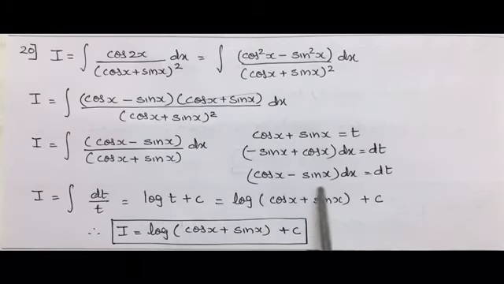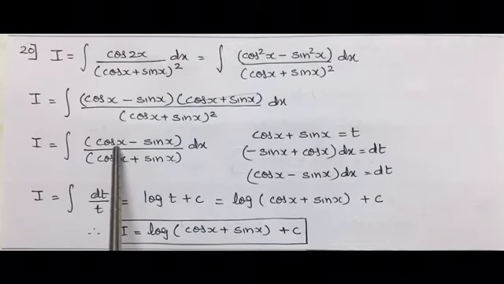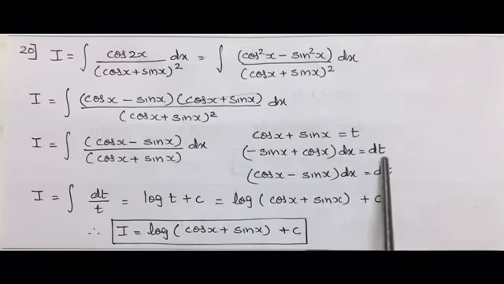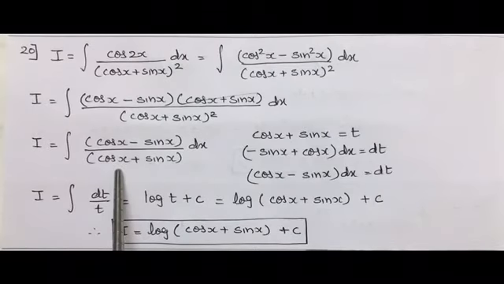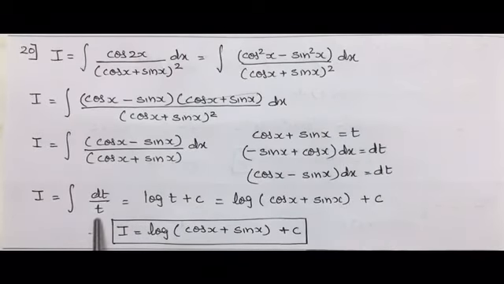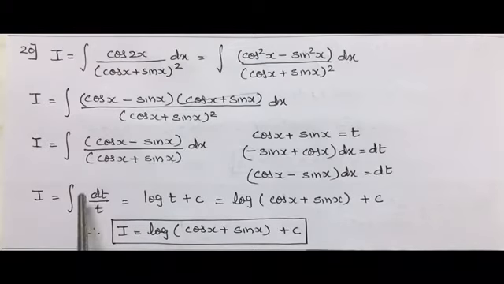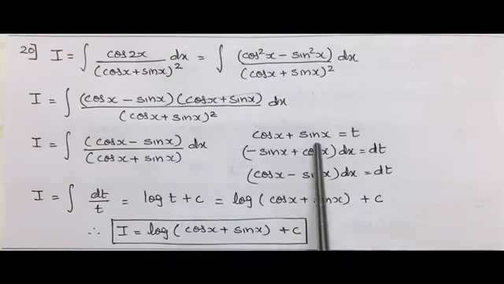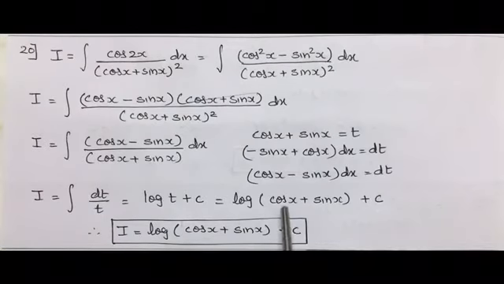Now substituting these values in the integration, we get integration dt upon t, and integration of 1 upon t is log t plus c. Now keeping the value of t as cos x plus sin x, we get log of (cos x plus sin x) plus c, and that is the final integration.